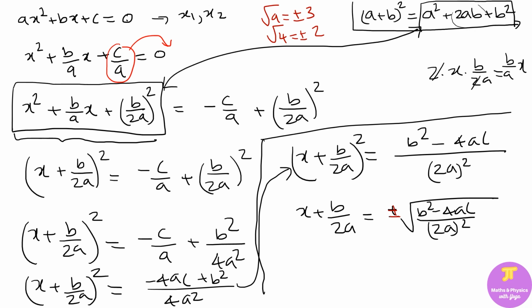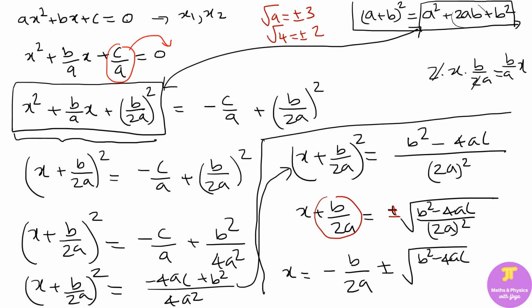Right, so what we can do is move this one to the other side. That will give you x equals minus b over 2a plus or minus the square root of b squared minus 4ac over 2a.